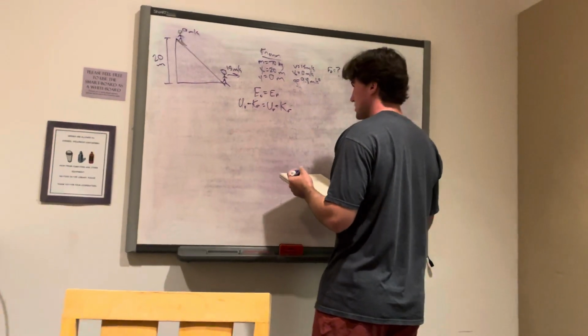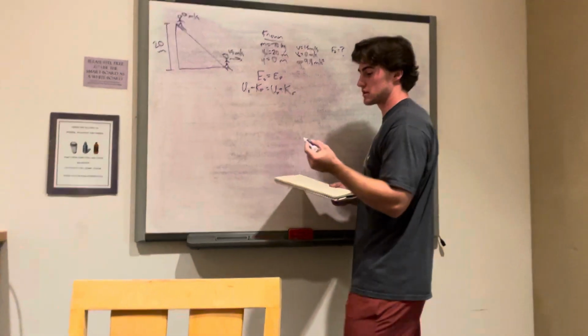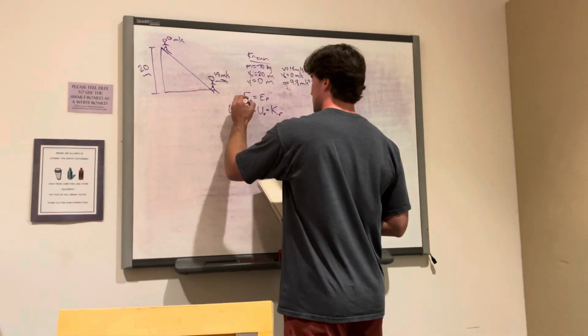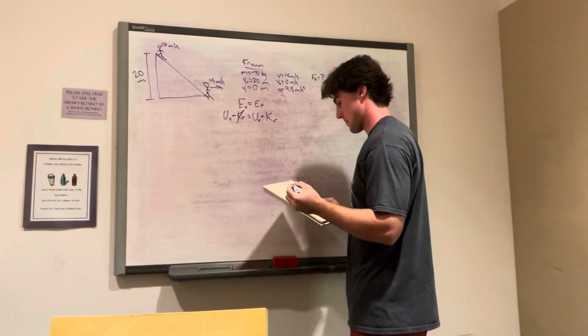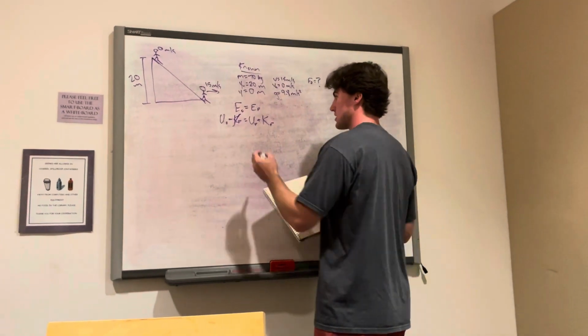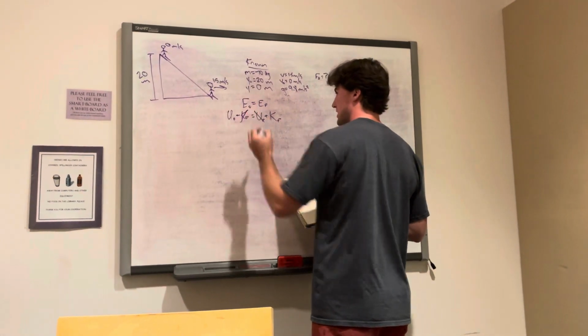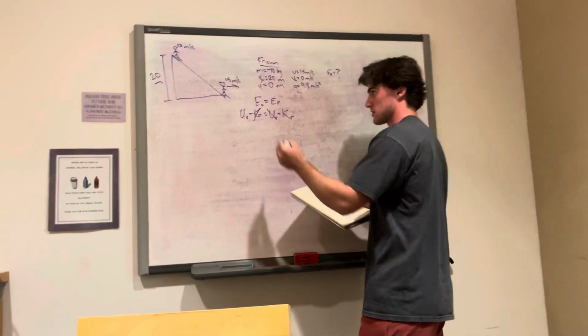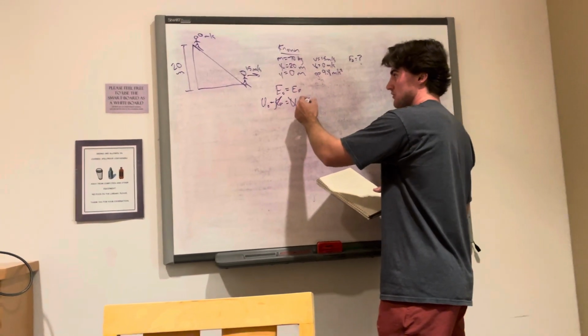We know that there's no initial kinetic energy because we're starting from rest with a speed of 0 meters per second, so we can cancel that out. And we can also cancel out final potential because our final height is 0. So that leaves us with initial potential and final kinetic.